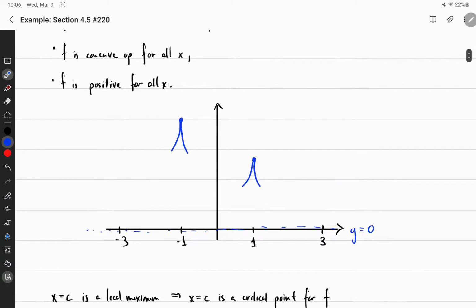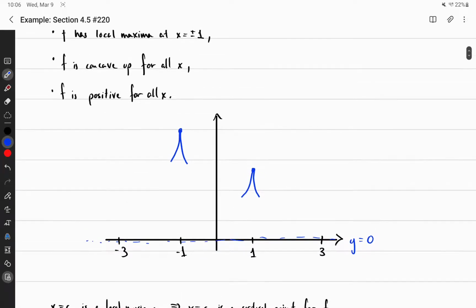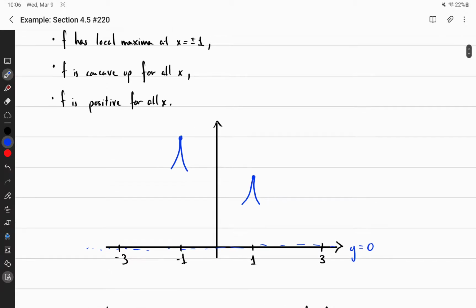And now all that really remains to do is to just fill in the rest of the graph between these two critical points and up to the boundaries -3 and 3, while making sure that the graph is still positive and concave up. And so to do that, I'll just draw in the middle section so that the graph is sort of cup-like.